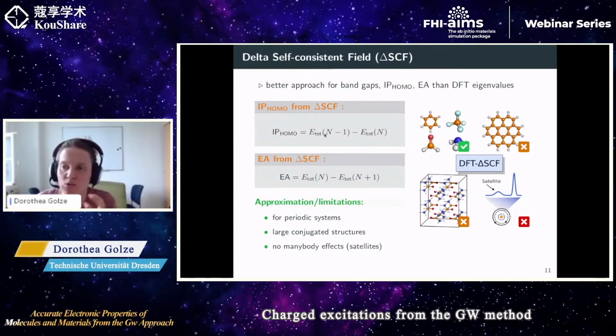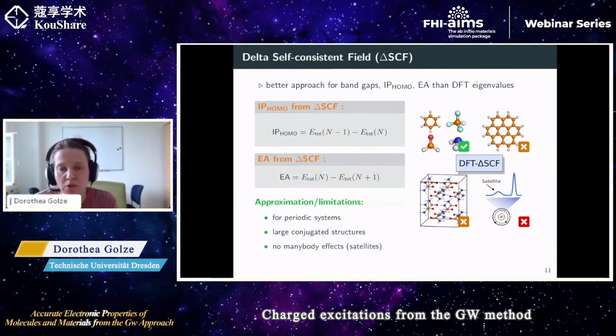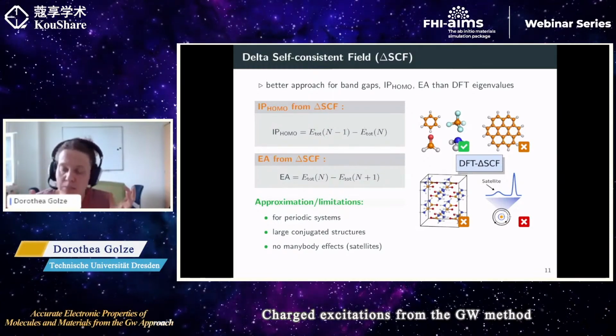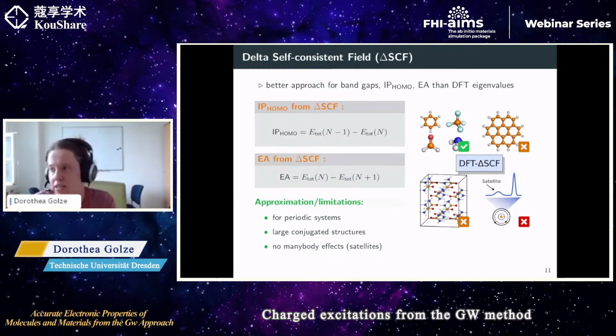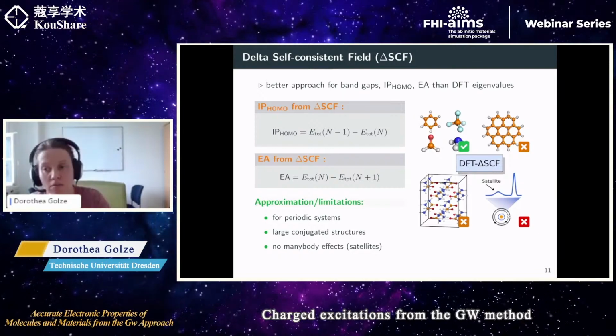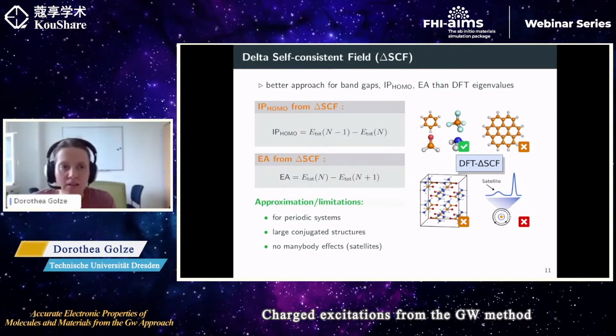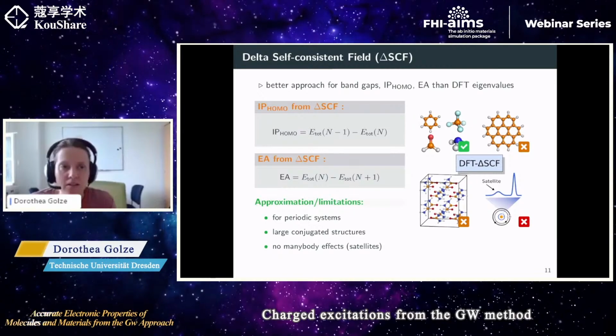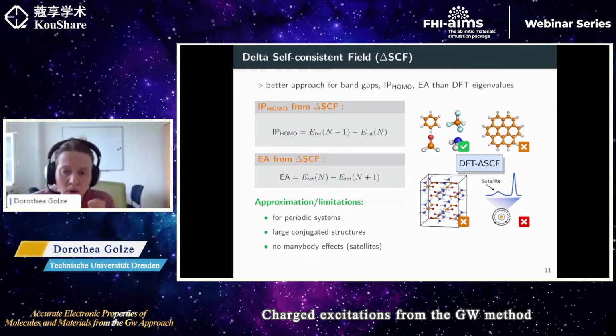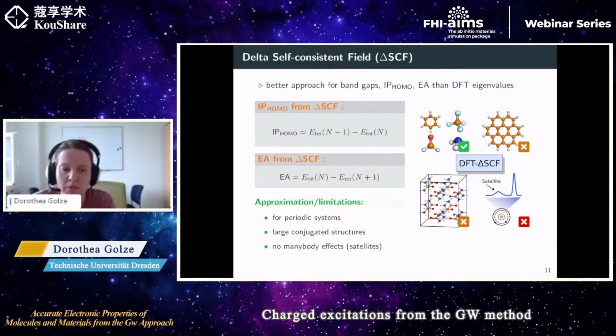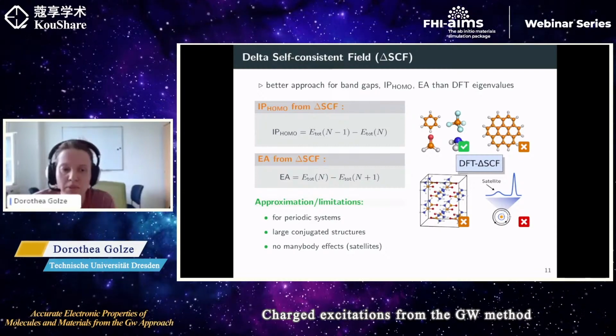So you have to keep a charge neutral supercell, and you achieve that either by adding a background charge or by artificially adding an electron to the system, which creates artificial exciton binding energies, or different artifacts simply. So it's possible, but potentially inaccurate.